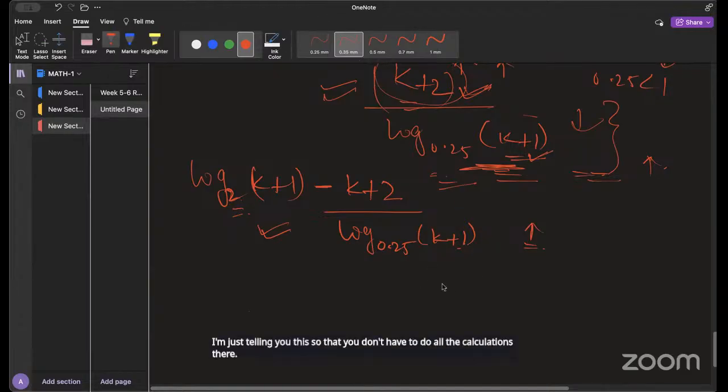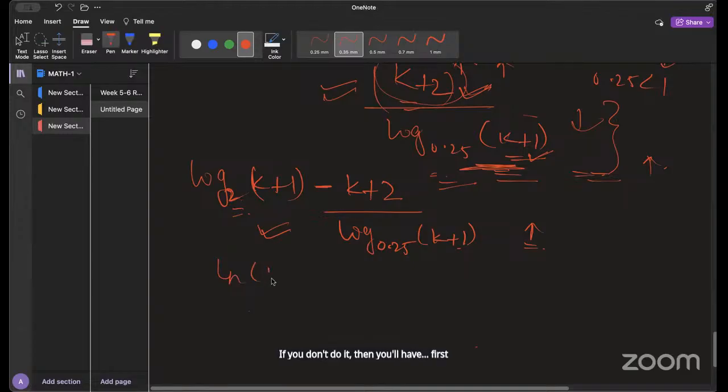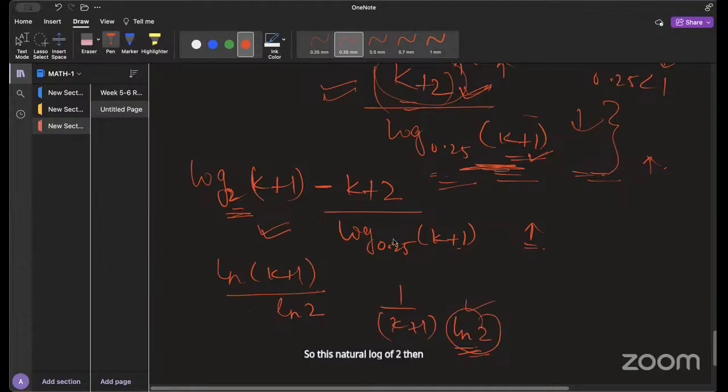If you take the derivative of this thing, it will include natural log of 2 in the denominator. Right? This will be 1 by k plus 1 natural log of 2. So this natural log of 2 will trouble you in the calculations. This can be avoided.